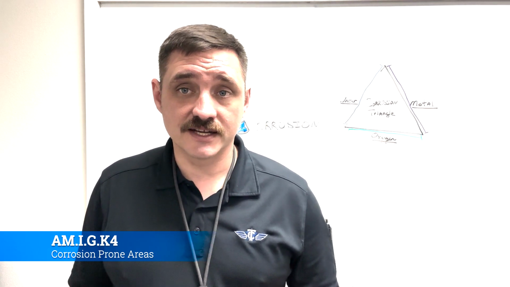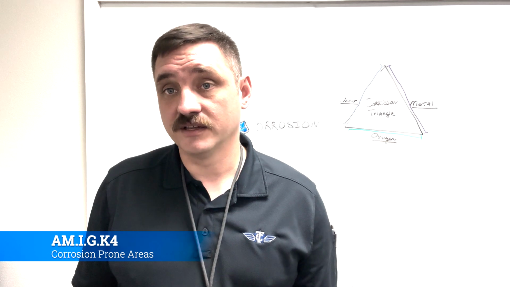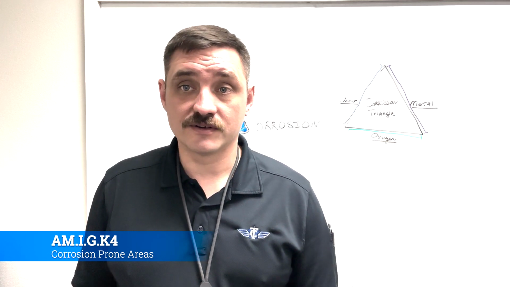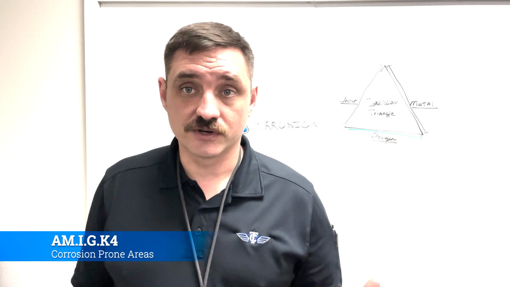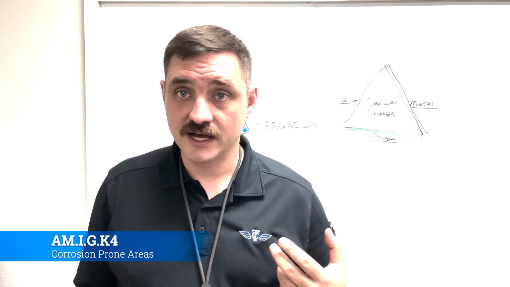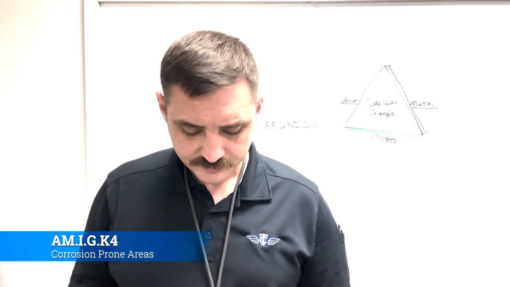Those bilge areas will 100% lead to a lot of corrosion. Anywhere fluid and stuff can get caught, there's your electrolyte to cause corrosion to begin. So look for those bilge areas.